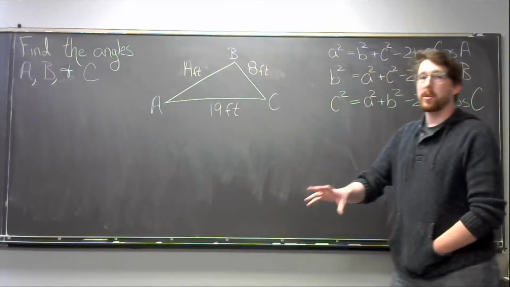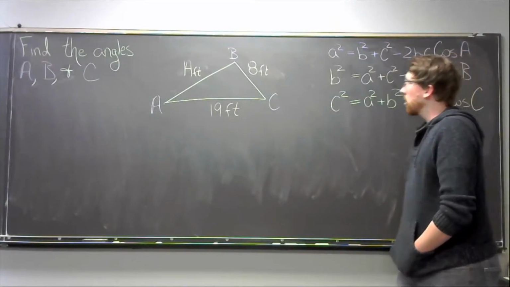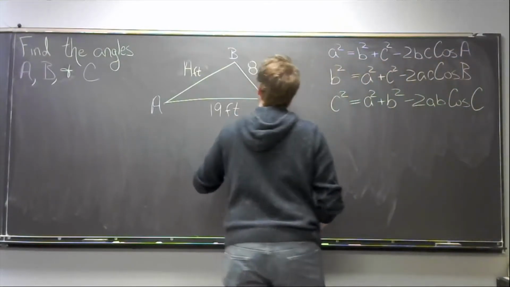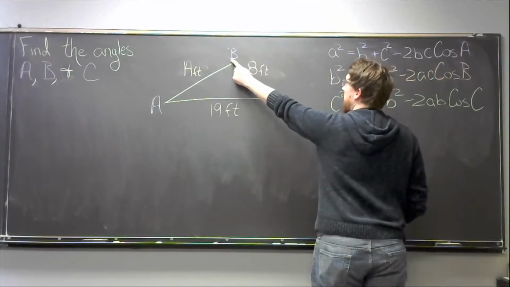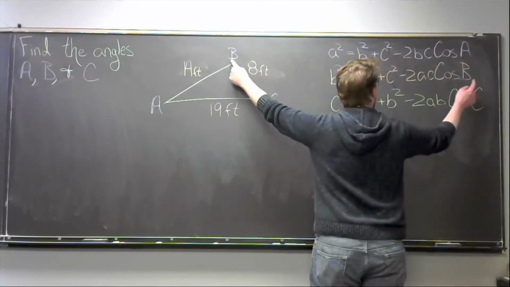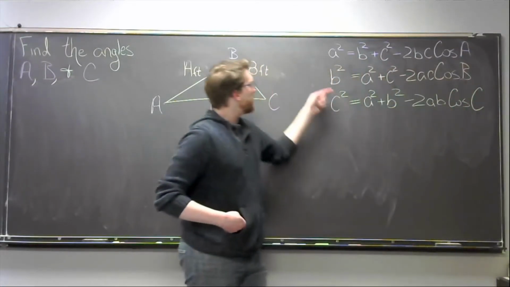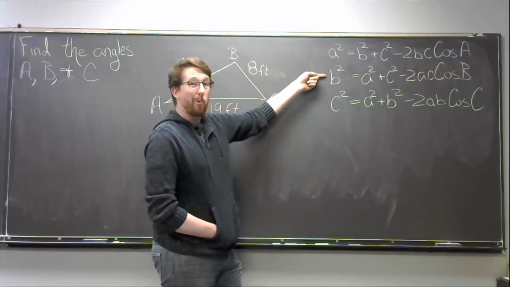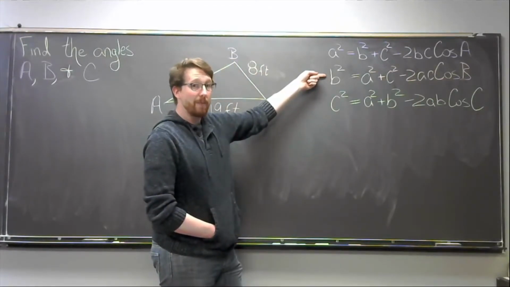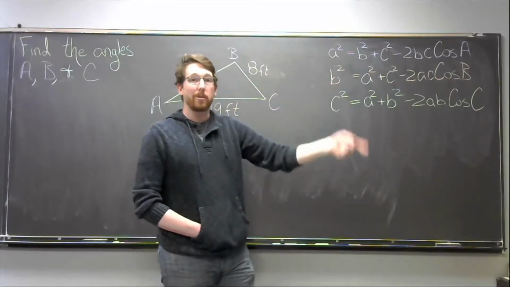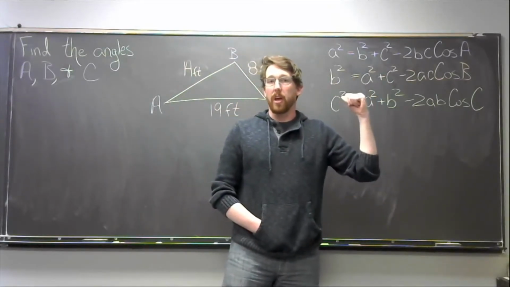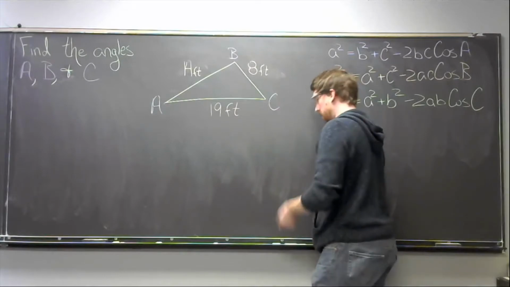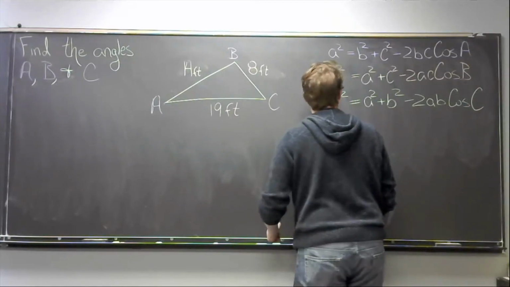So let's look at what that looks like. Let's say we decide we wanted to solve for the angle B first. In that case, we want to choose this equation, rearrange it to solve for cosine of b, and then use that to solve for the angle b.